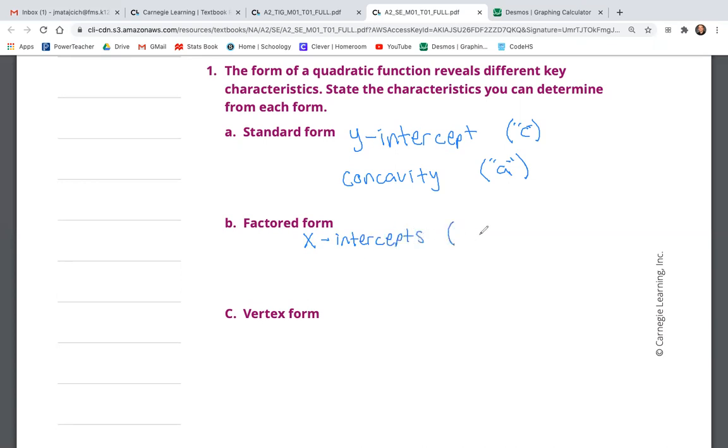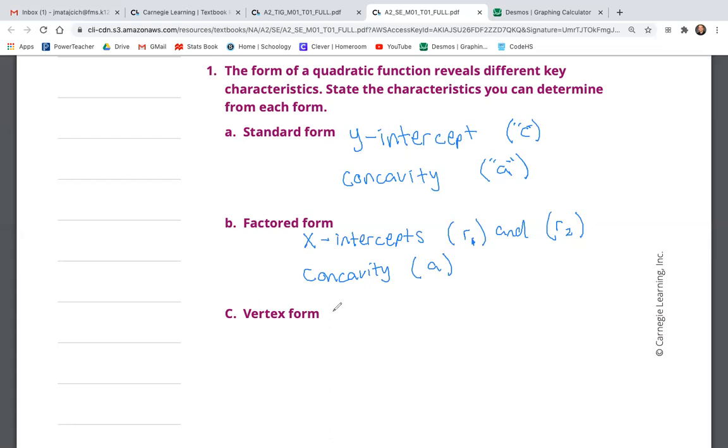And to do that, you would just be looking for R1 and R2. Okay. Factored form, also easy to find, concavity. And of course, that's just because of the A value. Just look for the value of A, and it'll tell you whether it's concave up or down.